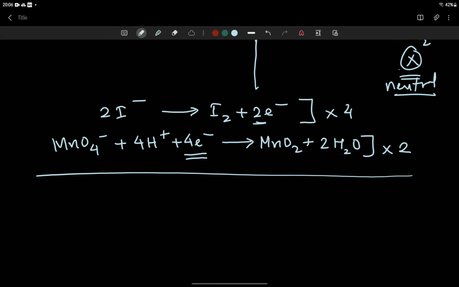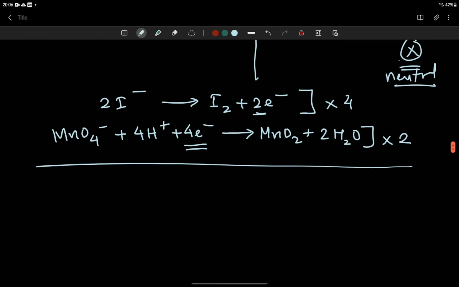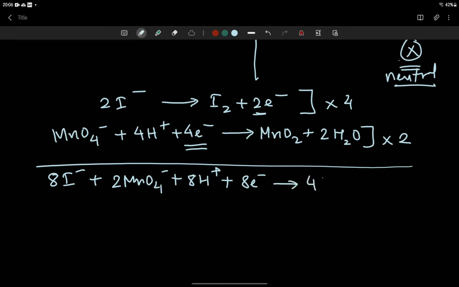Now we are going to multiply this, means 4 into 2, 8 I minus, writing the reactant side together: 2 MnO4 minus plus 8H plus plus 8 electrons, it gives 4I2 plus 8 electrons plus 2 MnO2 plus 4H2O, correct?